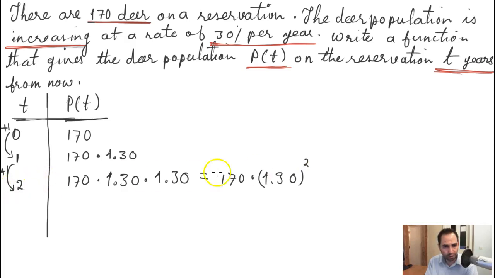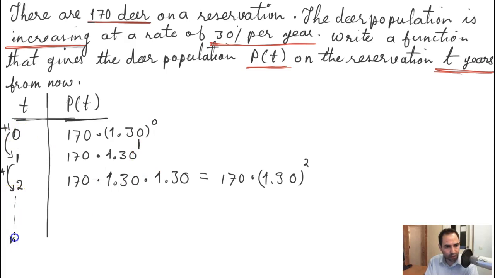This 2 corresponds to this 2 here. This can be raised to the first power, which is this 1 over here. And this can be written as 1.30 raised to the 0th power, which is this 0 over here.